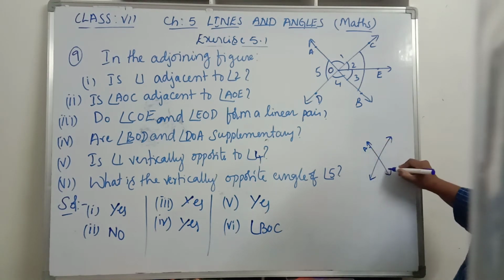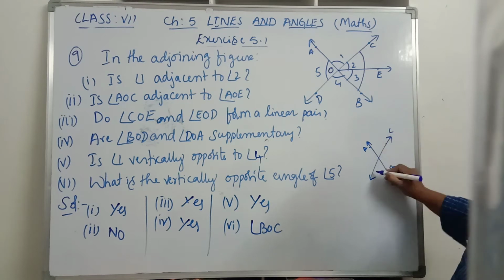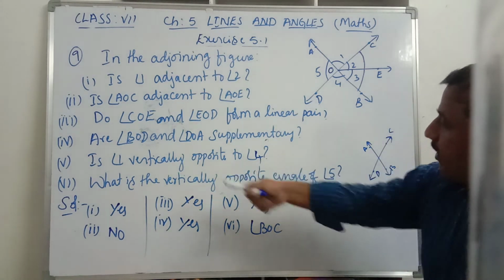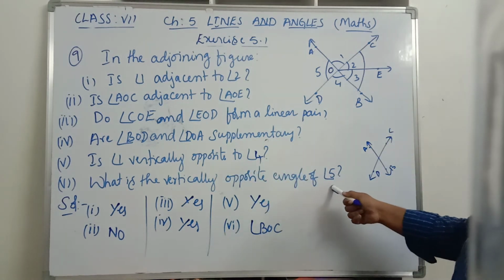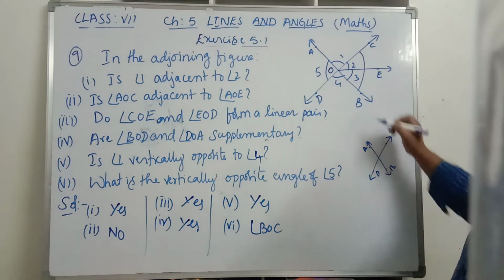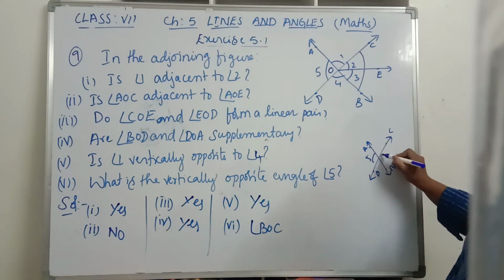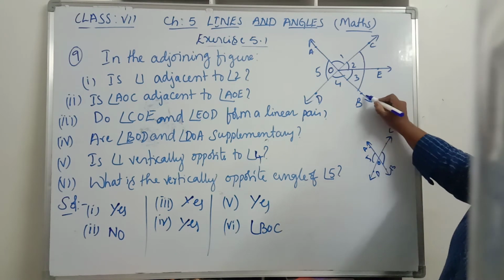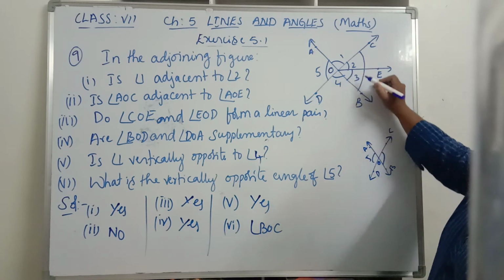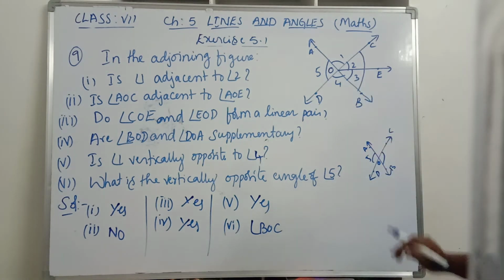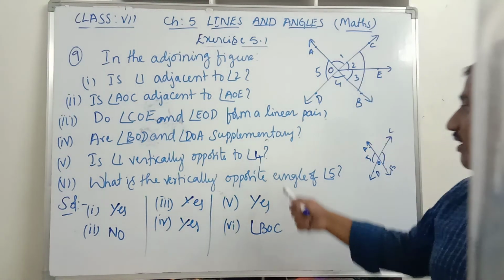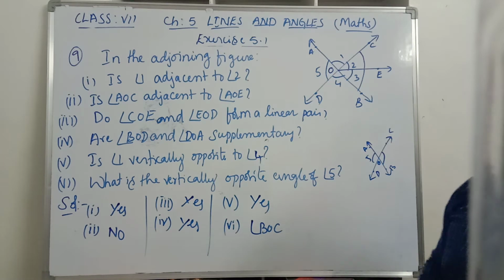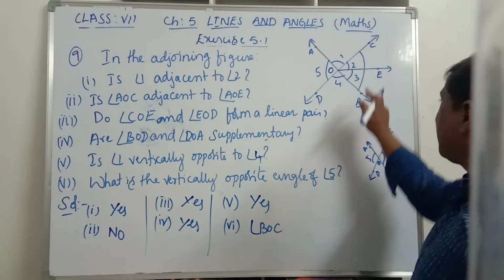This is A and B, C and D. What is the vertically opposite angle of angle 5? It is angle BOC, which is the sum of angle 2 and angle 3.